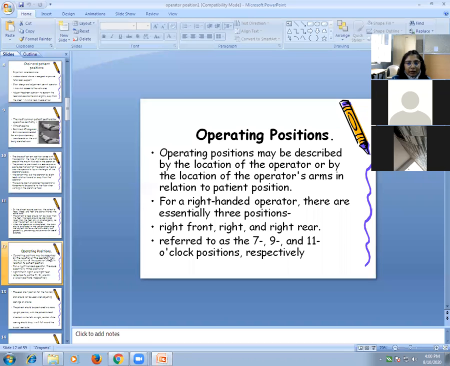For a right-handed operator, there are essentially three positions: right front, right, and right rear. These are also referred to as 7 o'clock, 9 o'clock, and 11 o'clock positions, respectively.